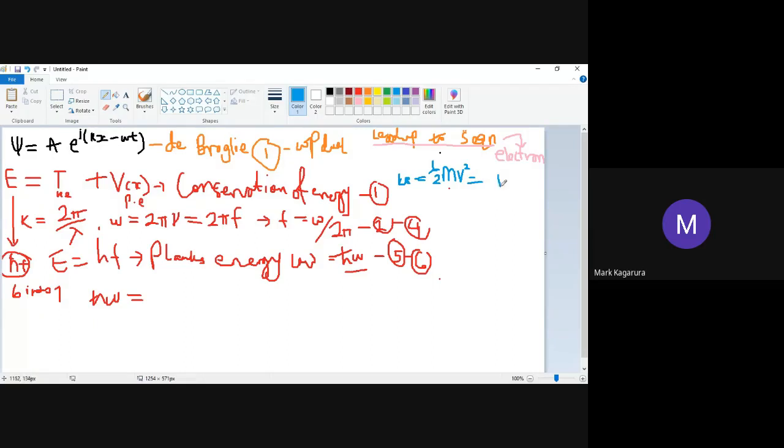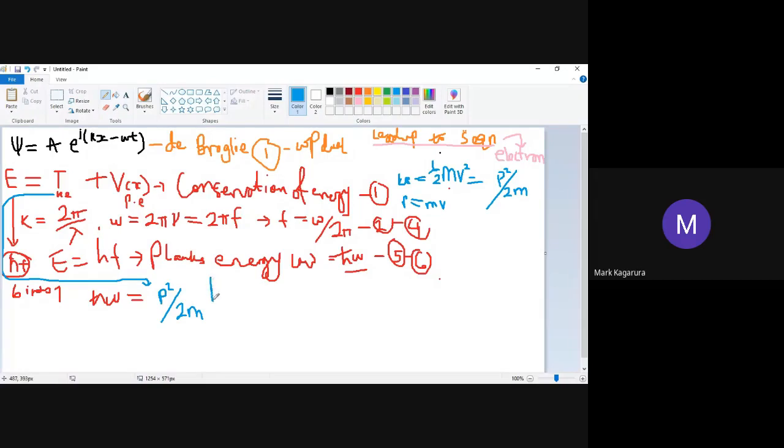So this becomes p squared over 2m, because p, momentum, is m times v. So we can represent our KE by p squared over 2m.